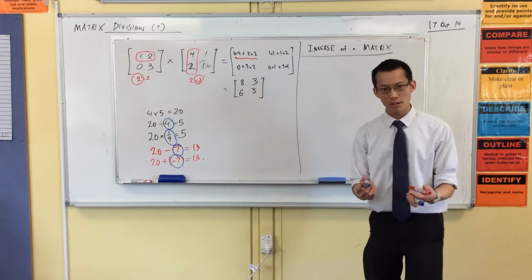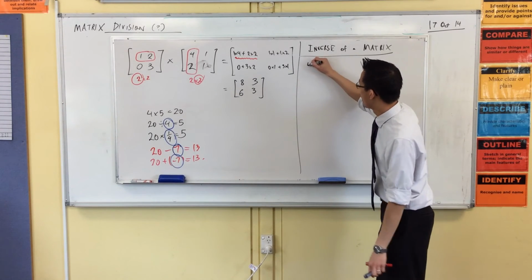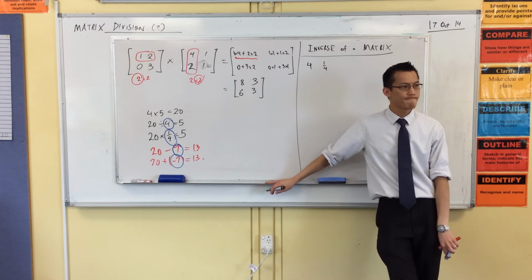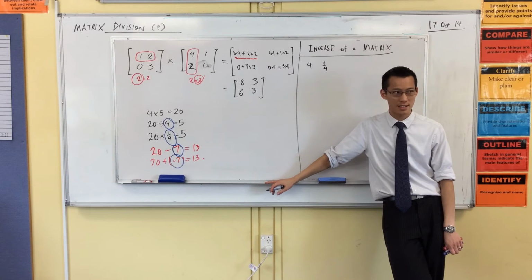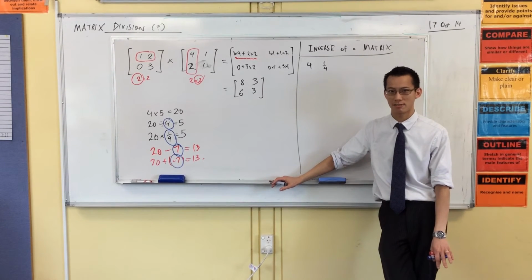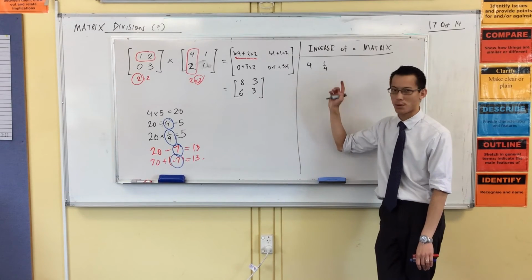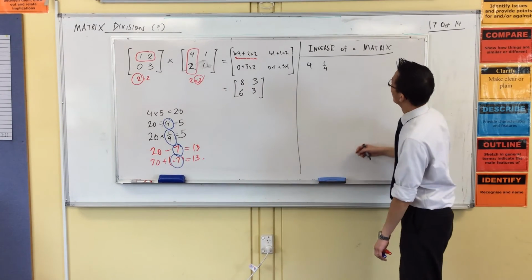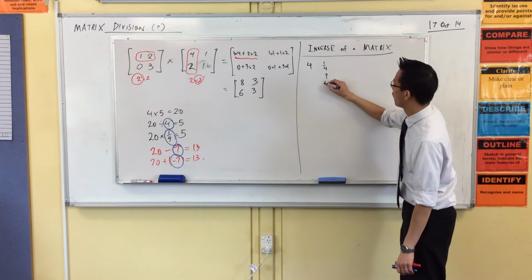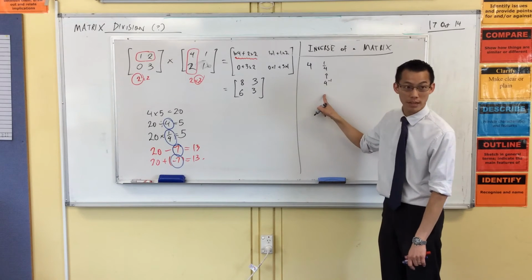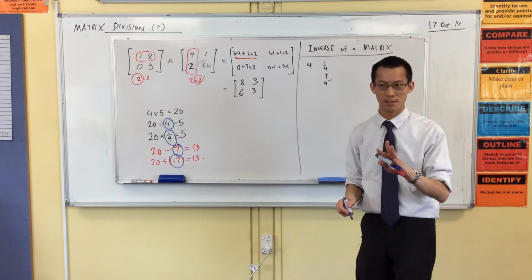What's the relationship, for instance, between 4 and a quarter? I want you to think back to last lesson and what we looked at under the identity matrix. How do I know that 4 and a quarter are inverses? Yeah, 4 to the power of negative 1. Okay, I'm going to hold on to that idea. We'll return to it in a second.